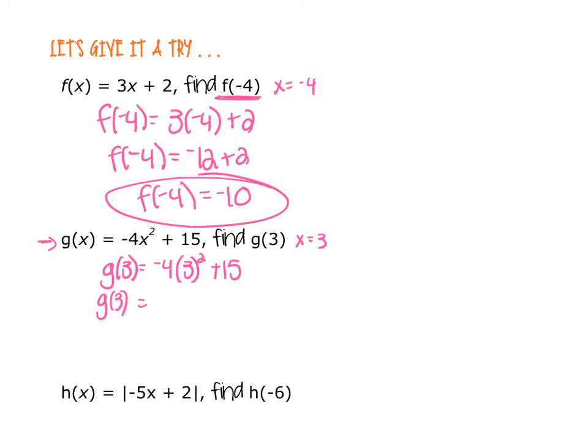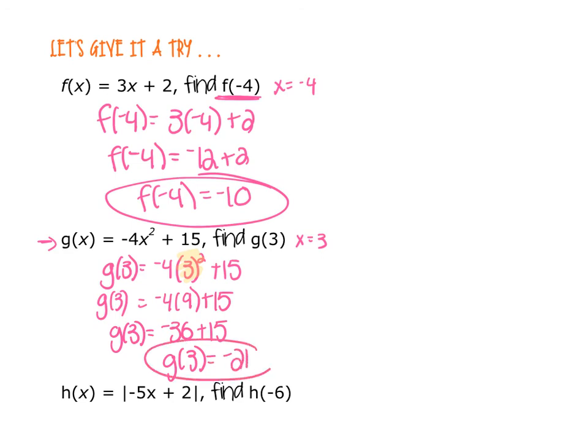So I take 3 squared, which is 9, so I get negative 4 times 9 plus 15. Then I do my multiplication. Negative 4 times 9 is negative 36, and then I have negative 36 plus 15. And I find that g of 3 is negative 21.